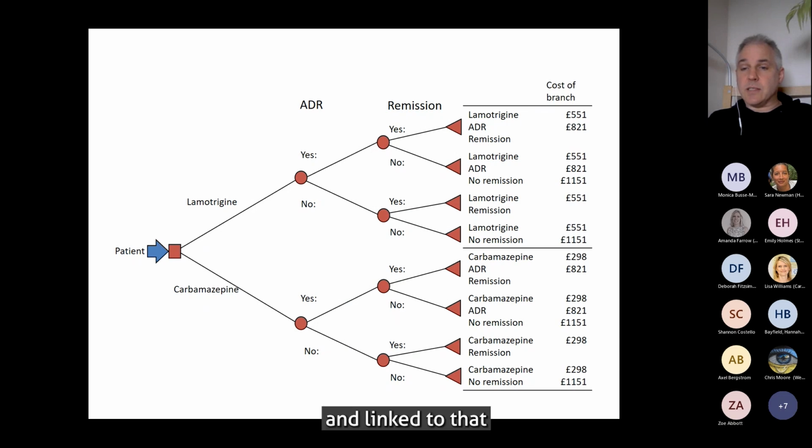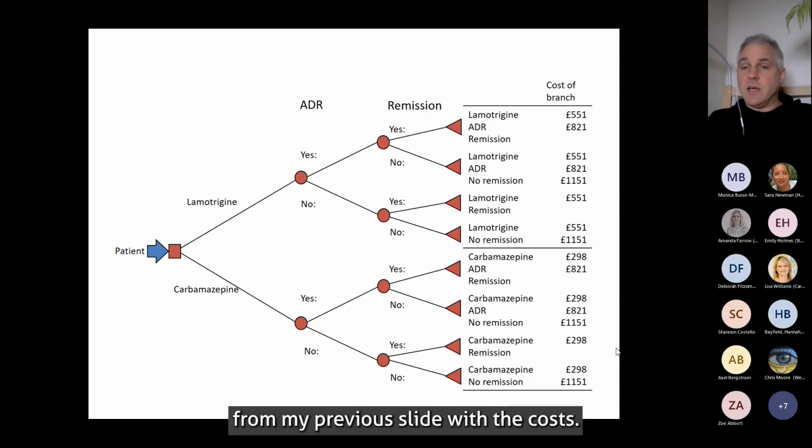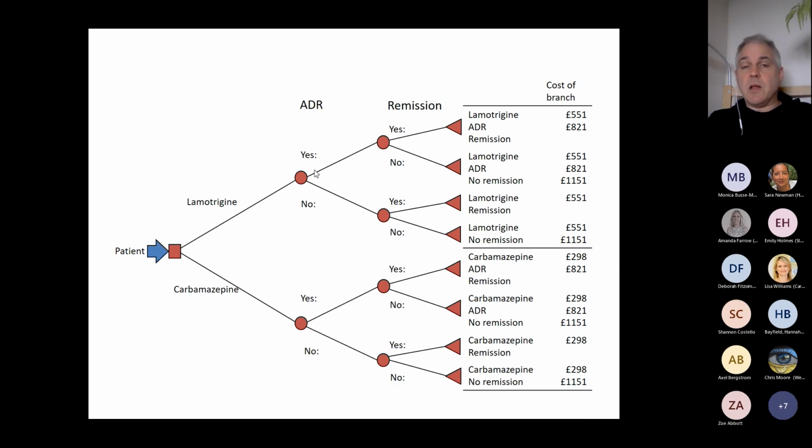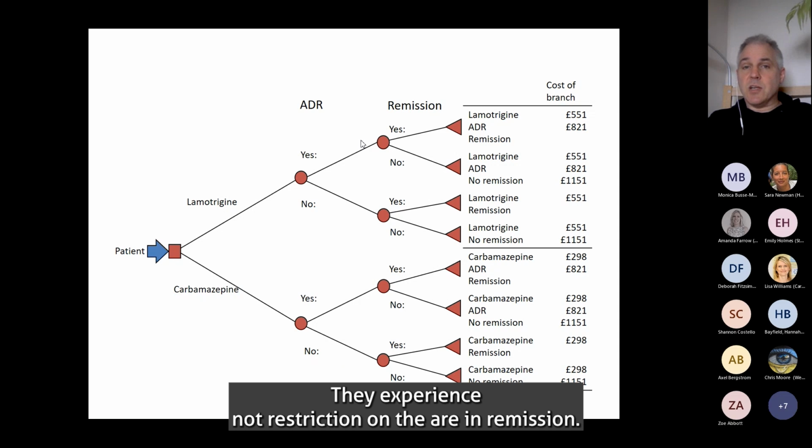And linked to that from my previous slide would be costs. So, for instance, that very top branch, if we follow that through, lamotrigine is being prescribed, they experience an adverse drug reaction, and they are in remission.